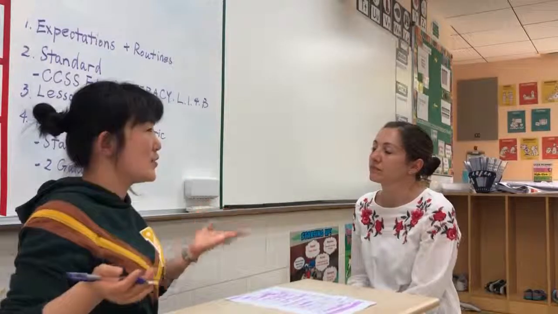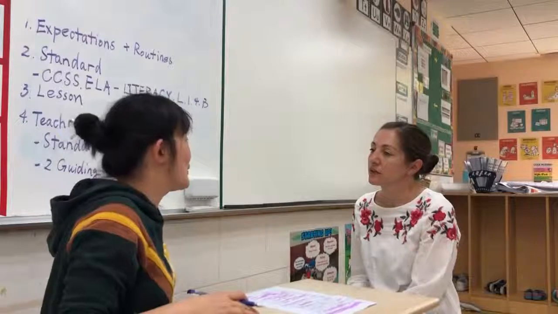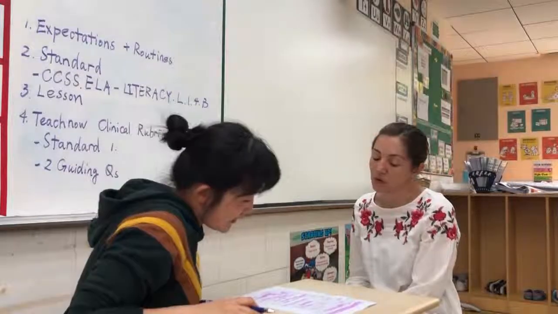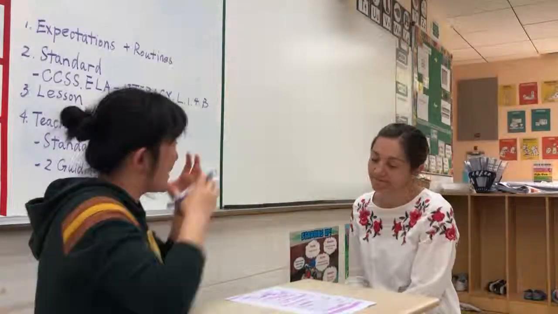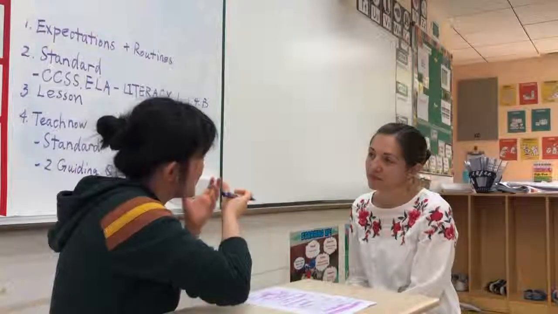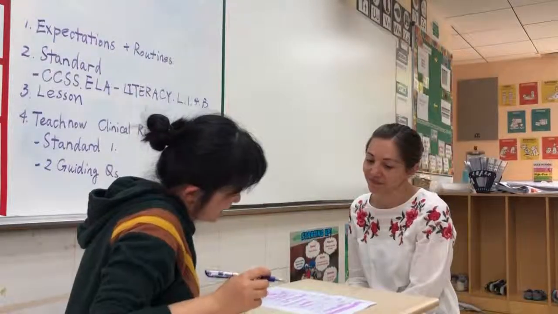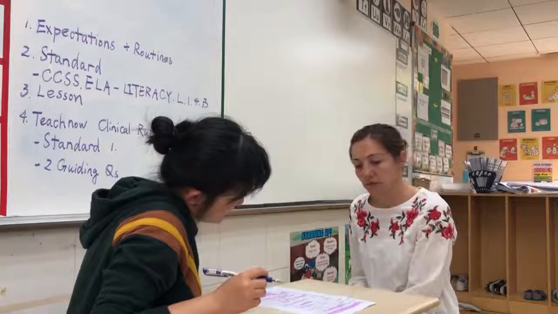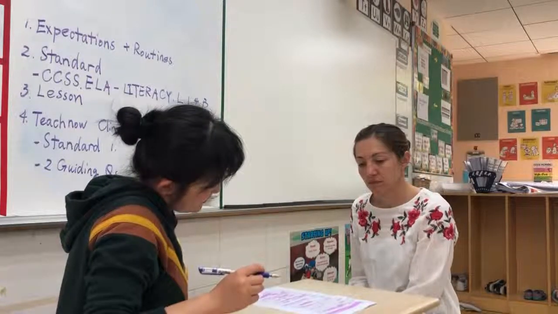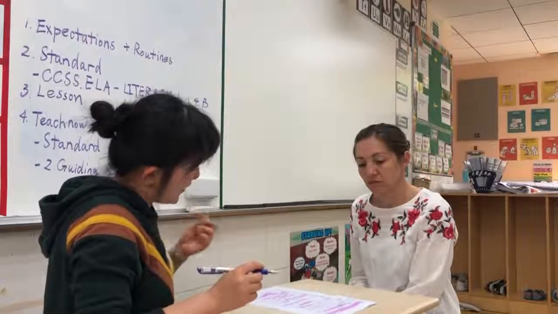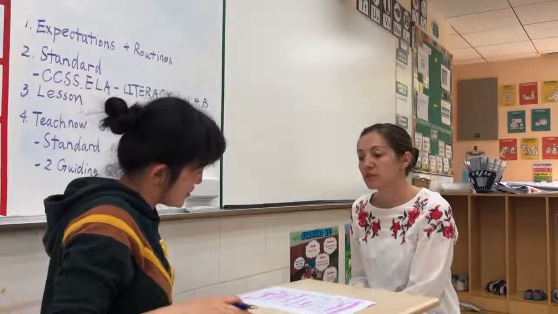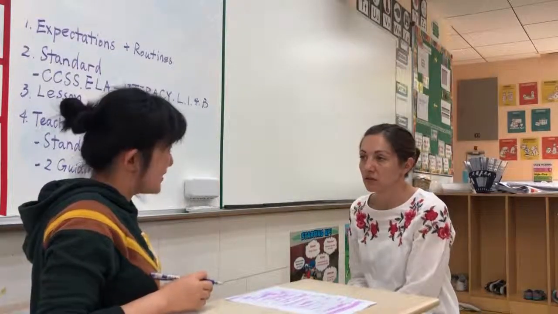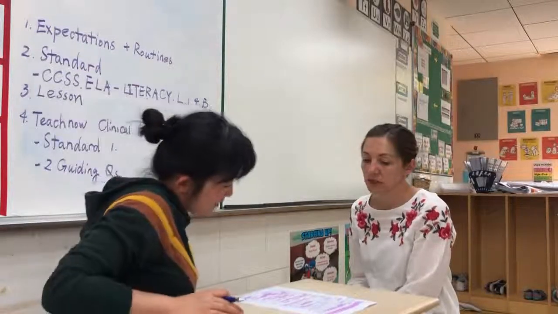If they just sit there and listen, they're going to lose interest. So I'll try to give them more chances to actually do something. If they have to wait a long time, they will just lose interest. Visual learning is better, so I will use visual learning.